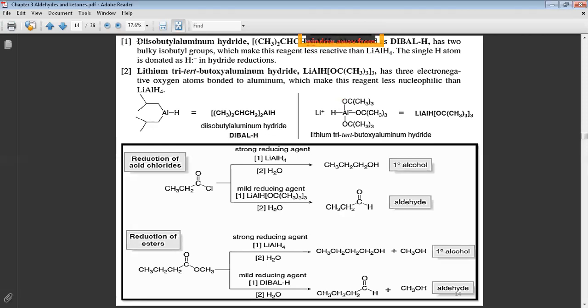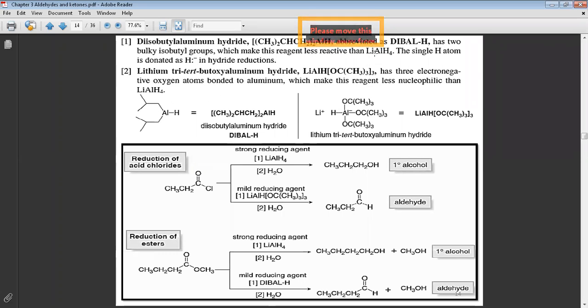We said before that diisobutyl aluminum hydride has two bulky isobutyl groups. What is the work of these two big groups? They make this reagent less reactive than lithium aluminum hydride.